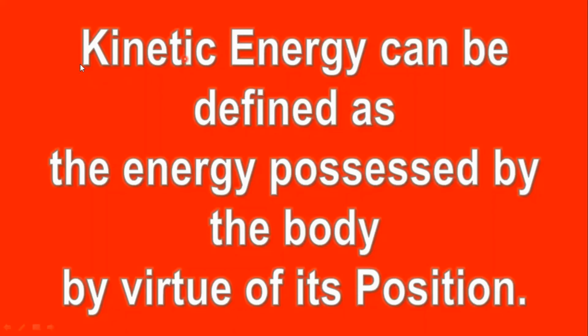Potential energy is defined as the energy possessed by a body by virtue of its position. When it is placed somewhere at some height, it will possess some energy, the ability to do some work, due to its position under the influence of gravitational force.